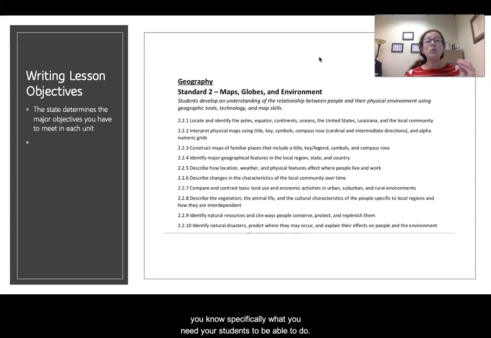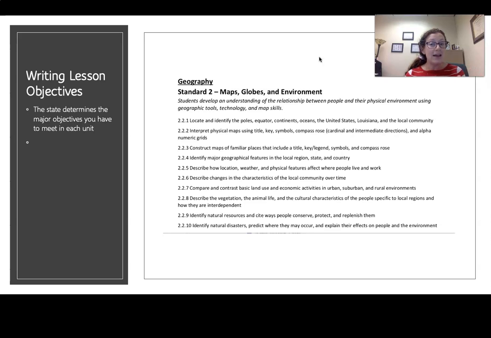So now you know specifically what you need your students to be able to do during and at the end of that lesson. And you'll notice that these objectives are scaffolded. So we're going to learn the basic parts of a map, like the poles and the equator and the continents. Then we're going to start to use titles, keys, and symbols.